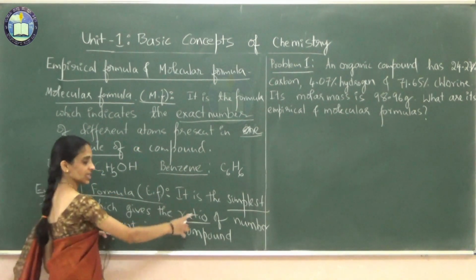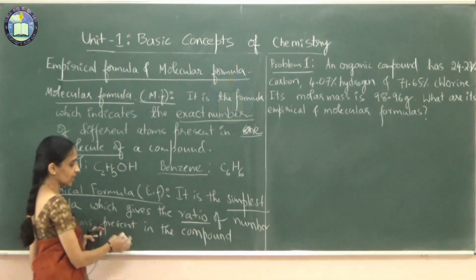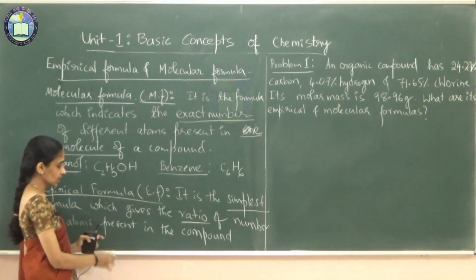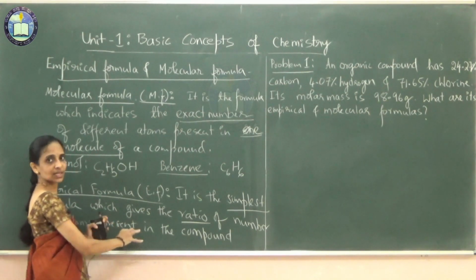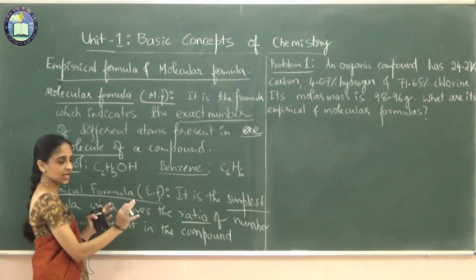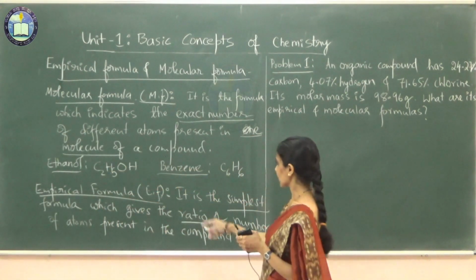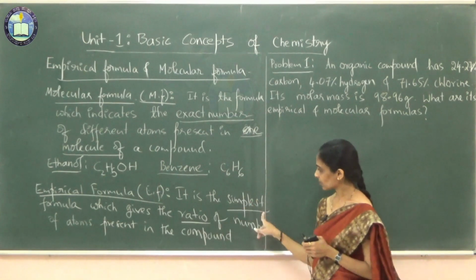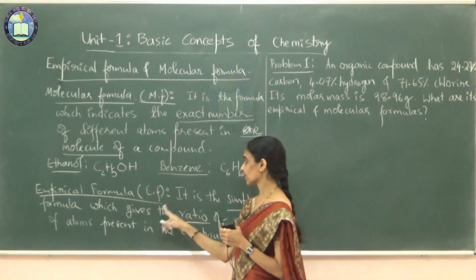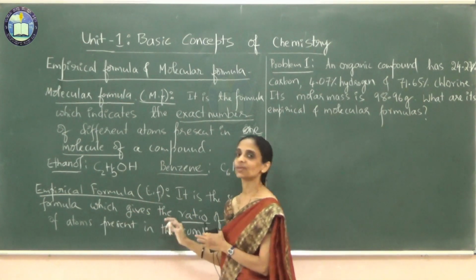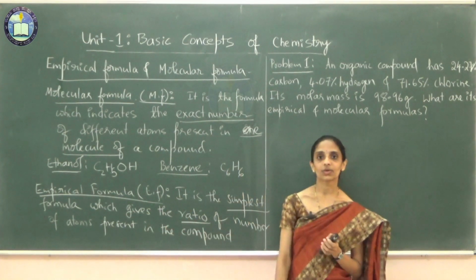But when you are taking the ratio, whether you take one molecule or many molecules, the ratio will be the same. So in the definition there is no need to say one molecule. You can just say in the compound. Okay, so empirical formula is the simplest formula which gives the ratio of the number of atoms present in the compound.